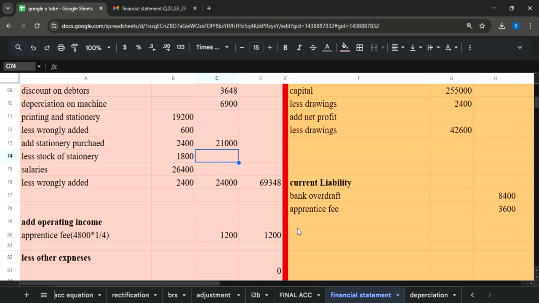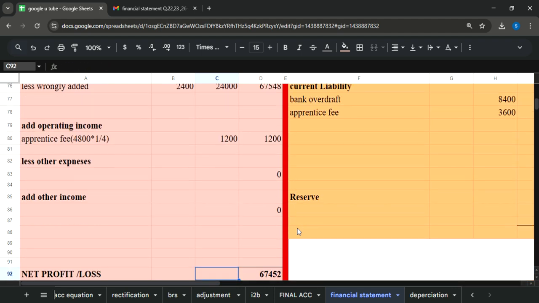So here you will calculate this printing stationery less wrongly added, and then add stationery purchase, subtract stock of stationery. So we have got 21,000.